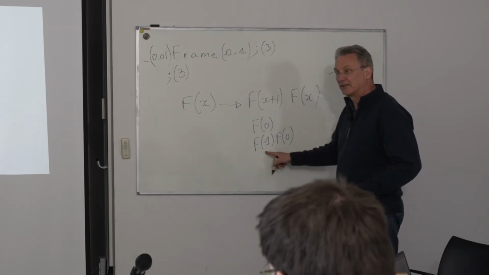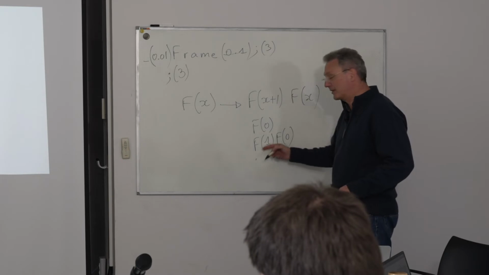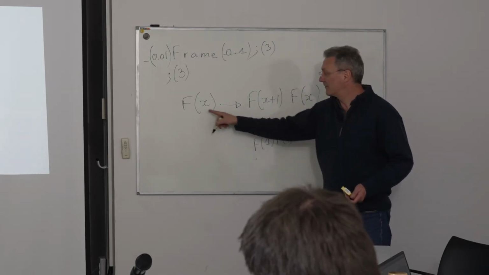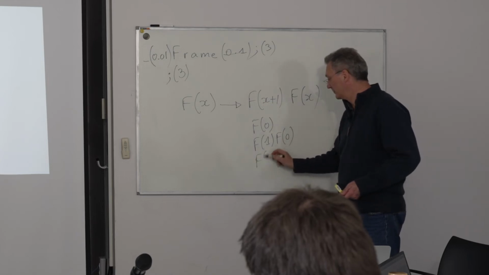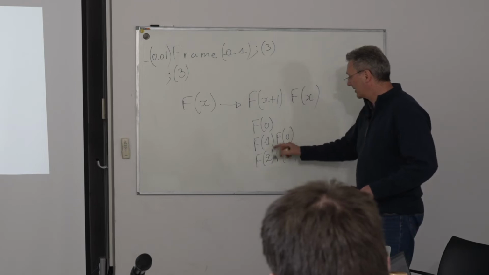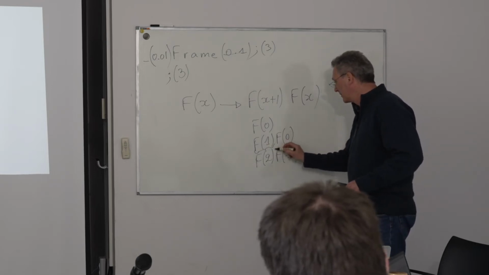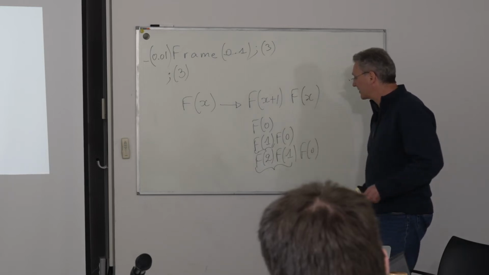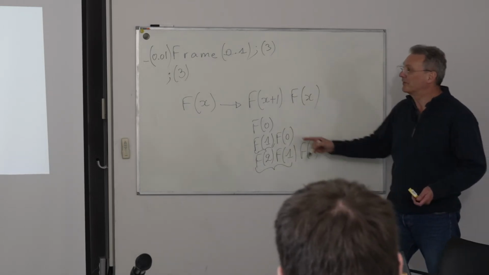So this one will take the value after if I make a second derivation. f of 1 will become f of 2, f of 1. Okay, so this is for f of 1. And then f of 0 will remain f of 0. So it's almost there.